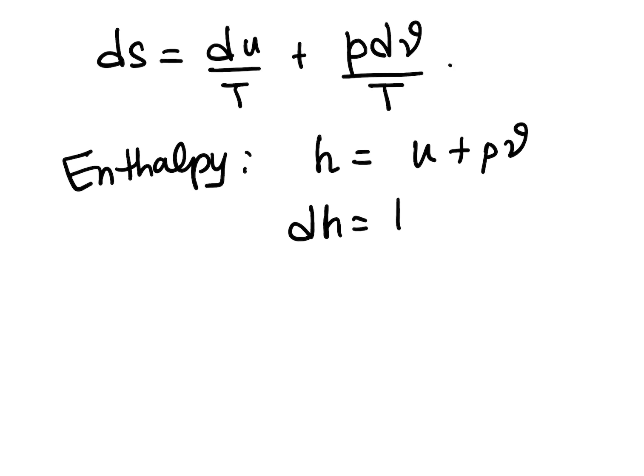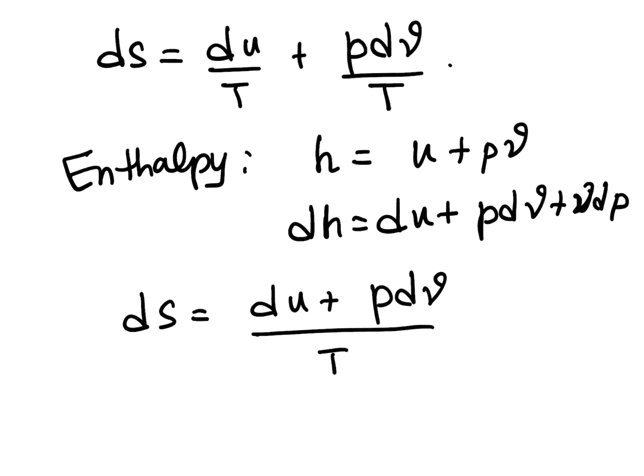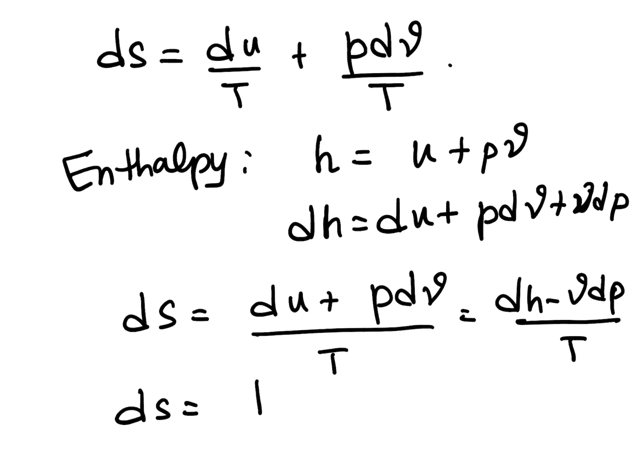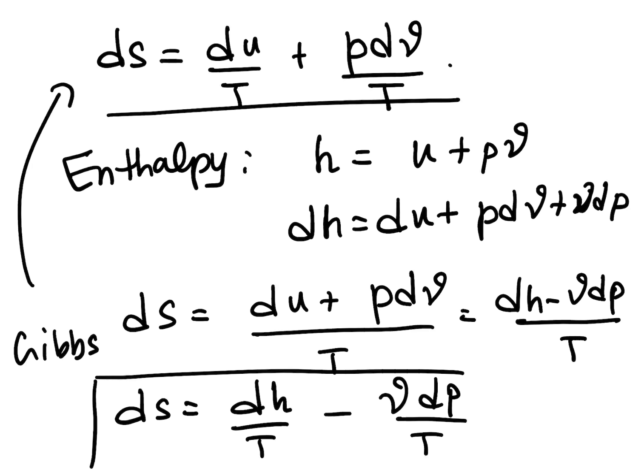I can write dH equals dU plus P dV plus V dP, or nu dP, and I can write dS equals dU plus P dV divided by T, which is dH minus nu dP divided by T. This is another version of the Gibbs relation in terms of enthalpy. Both of these equations are Gibbs equations, in enthalpy and in internal energy form. So you can use the Gibbs relation.